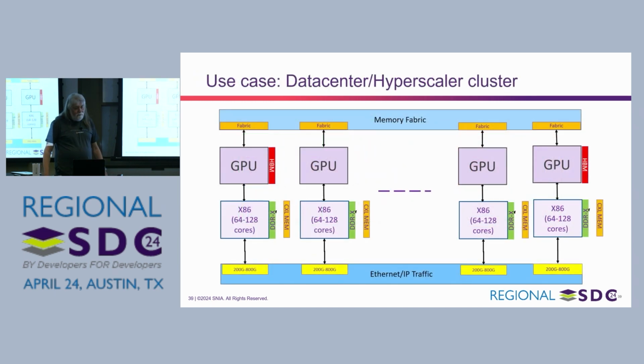Another example that we've run into is the idea that somebody is trying to build out a hyperscaler or a large-scale HPC system to do simulations, and they're going to have a variety of GPUs and CPUs and Ethernet interconnects and HBM interconnects and potentially CXL memory hung off of your CPUs.